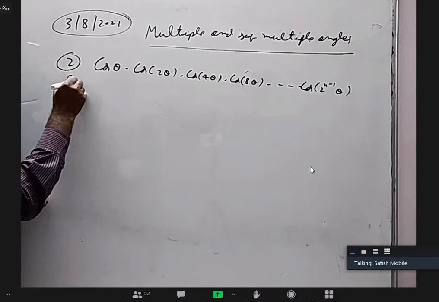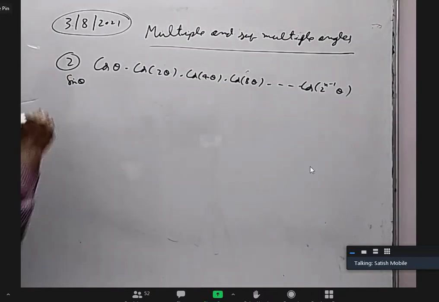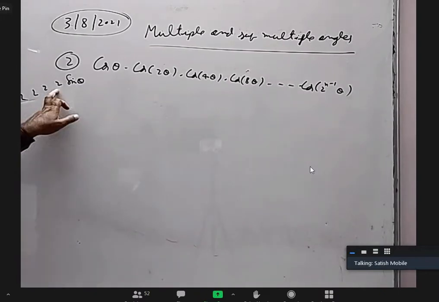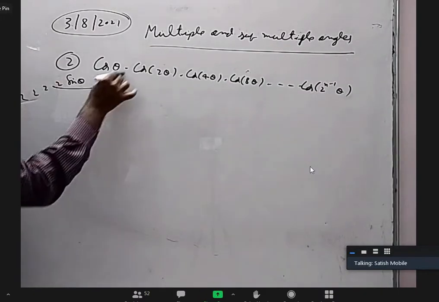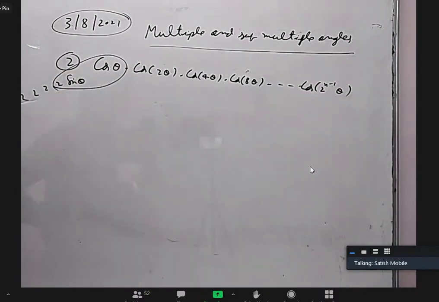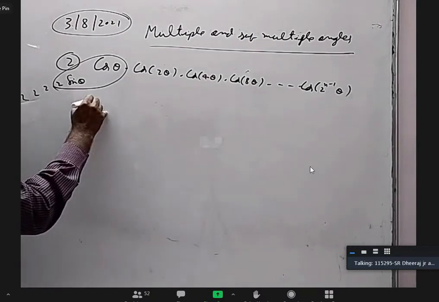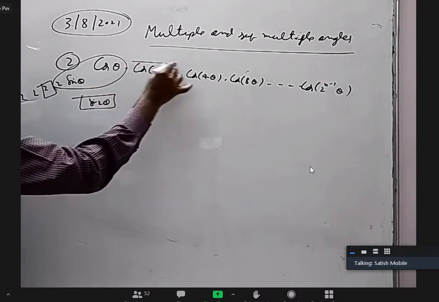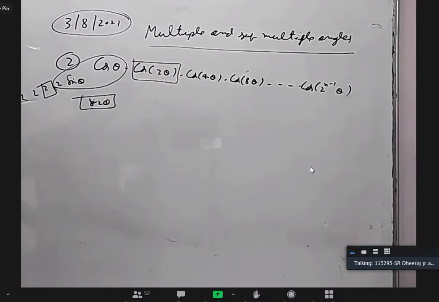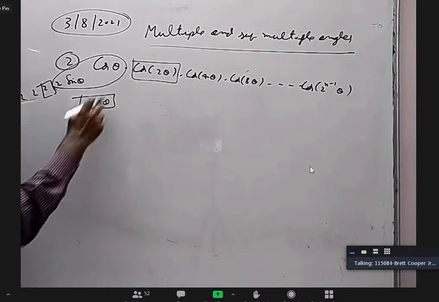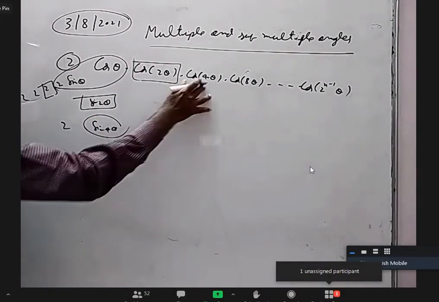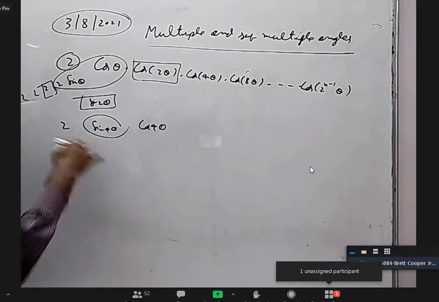You multiply with 1 sin theta and a lot of 2's. What is 2 into sin theta into cos theta? What will happen to that? Sin 2 theta. What will happen to this 2, this sin 2 theta and this cos 2 theta? Sin 4 theta. And this 2 and sin 4 theta and this cos 4 theta, sin 8 theta.